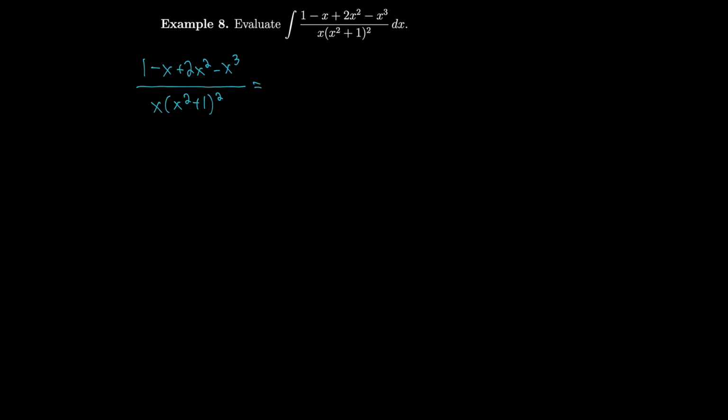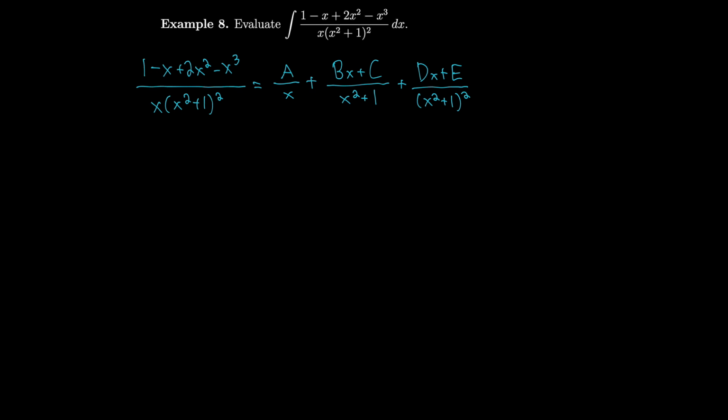So we have an x, so that means I'll write A over x because of our denominator. And we also have an x squared plus 1 term, so that's irreducible. So I need Bx plus C over x squared plus 1. But I have another irreducible term because it's a square. So I'll need Dx plus E over x squared plus 1 squared.